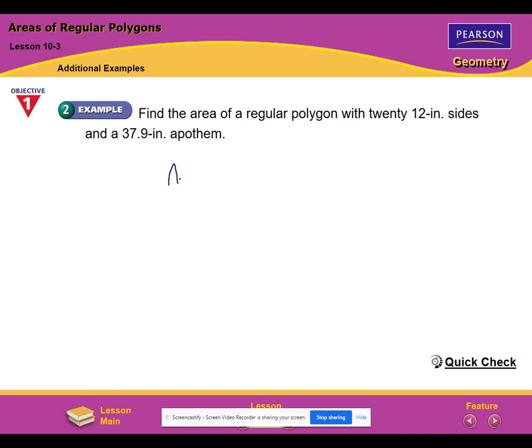Our formula, again, is 1/2 apothem times perimeter. The work you should show on each problem that deals with this would be 1/2 of 37.9 times the perimeter. Now there are 20 12-inch sides. That would be 240 inches. And then use your calculator. You're going to likely need to use your calculator on most of these problems.